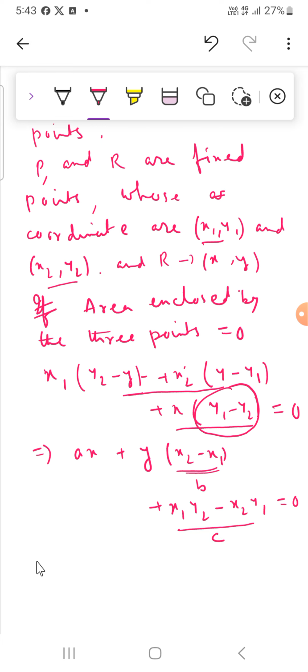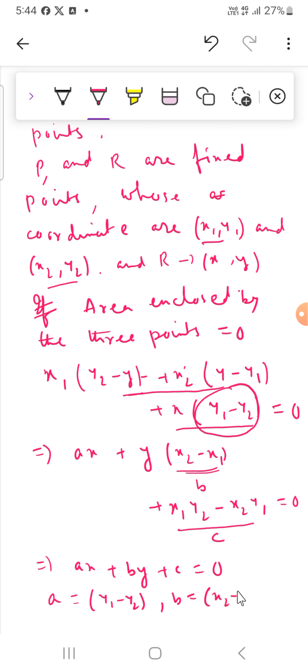So we have the equation ax plus by plus c is equal to 0, where a is equal to y1 minus y2, b is equal to x2 minus x1, and c is equal to x1 y2 minus x2 y1.